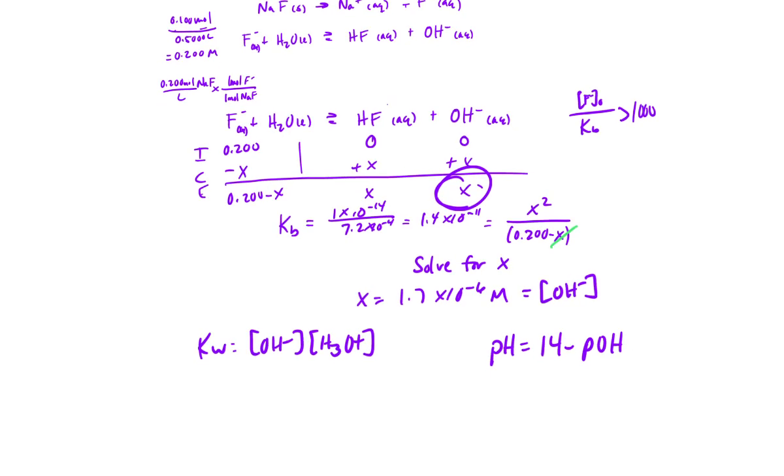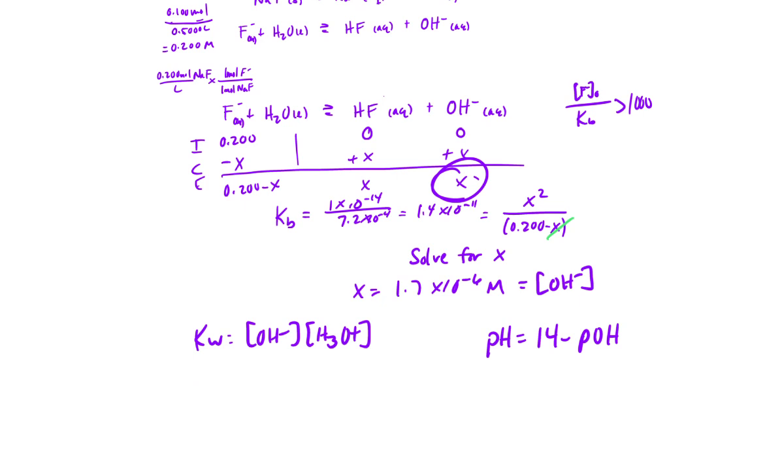So that's an easy place to make a mistake. And I did it this way. I did pOH equals 5.78, and so pH is equal to 8.22 from that equation. And it's basic. That's good. Not super basic, which actually makes sense with our indicator.